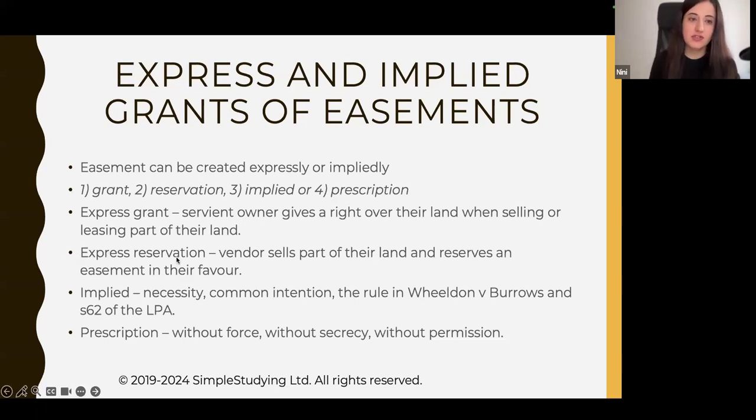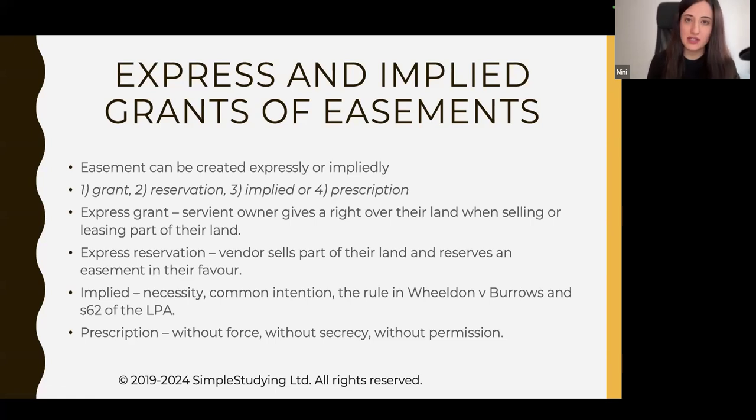Express reservation is another way of creating an express easement. And just for you to know, express means that it has to be written in a document. That's why it has to be expressed in some kind of written form. Otherwise, it's not express. It would be implied if it's not written. Express reservation is when the seller sells part of their land and reserves an easement in their favor.